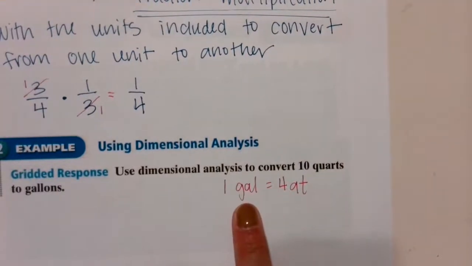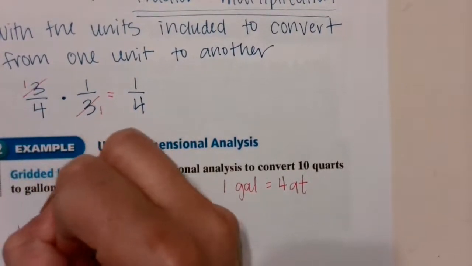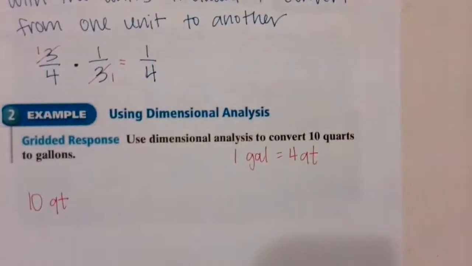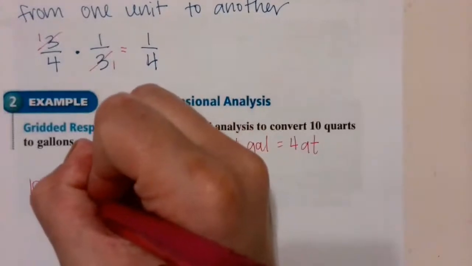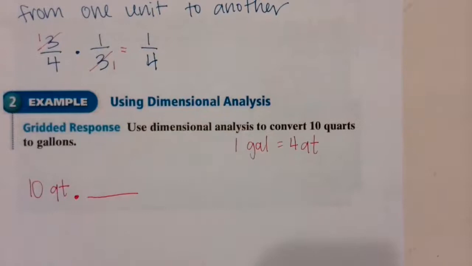Okay, I am going to start with 10 quarts, and I am multiplying it by some sort of fraction. So I'm first going to write my multiplication and then a fraction bar, because I know it's got to be fraction multiplication.